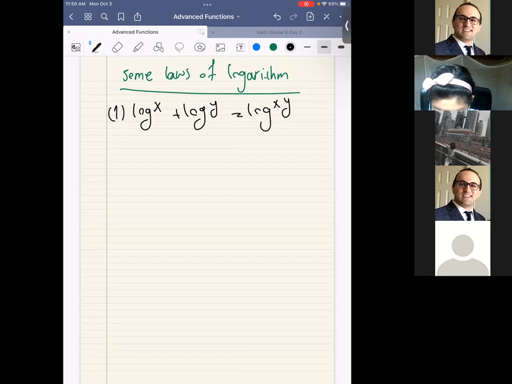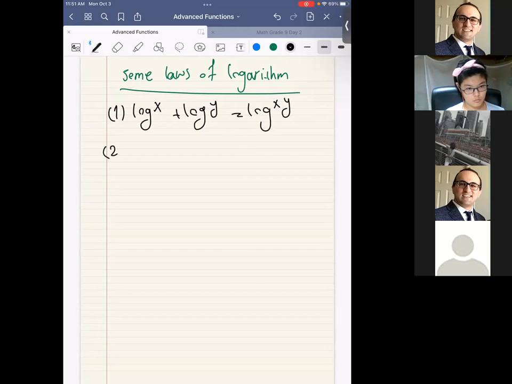For some people, logarithm is just natural logarithm. The most important logarithm is natural logarithm, and that's true. So ln is the natural logarithm, and all other logarithms can be obtained from natural logarithms. Anyway, I just want to emphasize the base doesn't matter, so this law holds for any base.